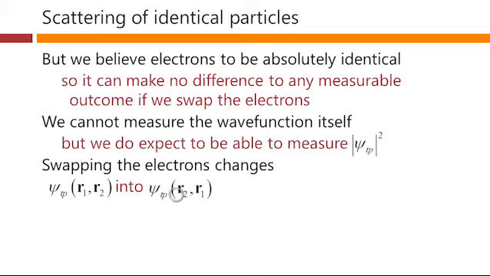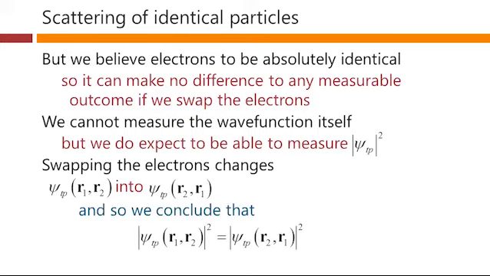We would have swapped around these position coordinates if we swapped the electrons. And so we conclude that if we do that swap, this modulus squared must be equal to that one, because we have no way of distinguishing one electron from another by measurement. So these two probability measures here must be equal to one another.